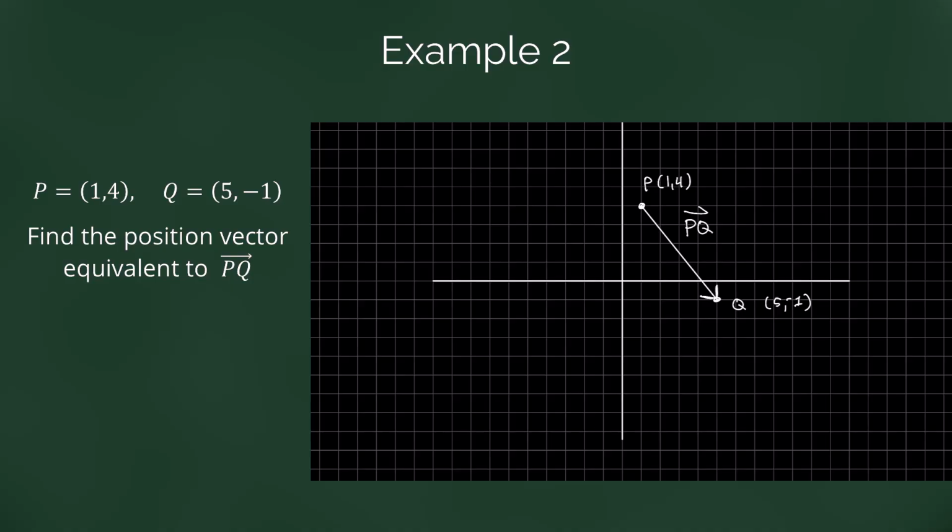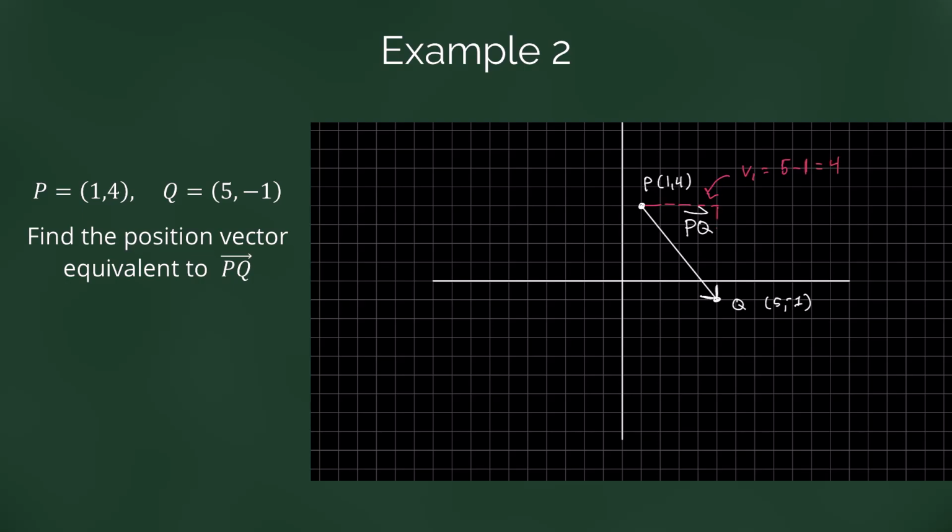So notice that we can determine the horizontal component of PQ. This is going to be our V1. The horizontal component is going to be the horizontal coordinate of Q minus the horizontal coordinate of P, 5 minus 1, which gives us 4.